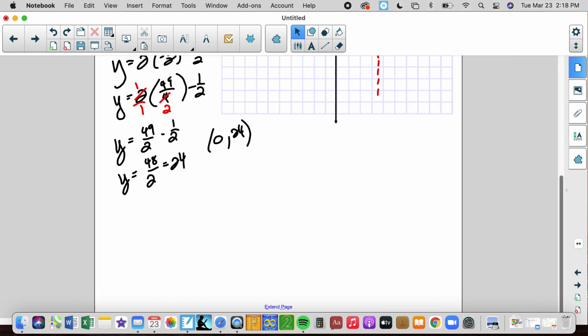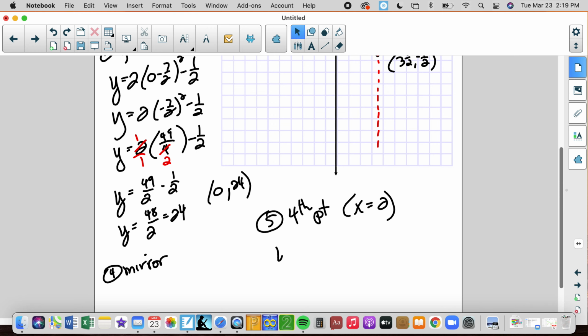So 4 was mirror, and 5 we'll do over here. So what is 4th point? I'm going to plug x equals 2, and we have the equation y equals 2 times the quantity, 2 minus 7/2 squared minus 1/2.